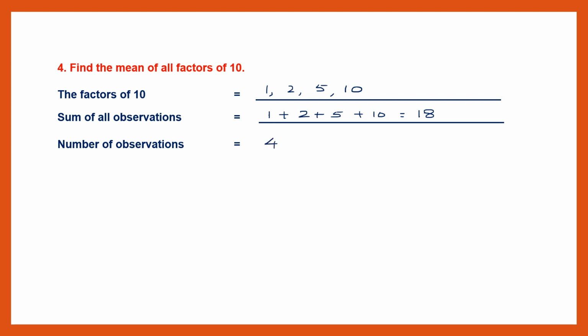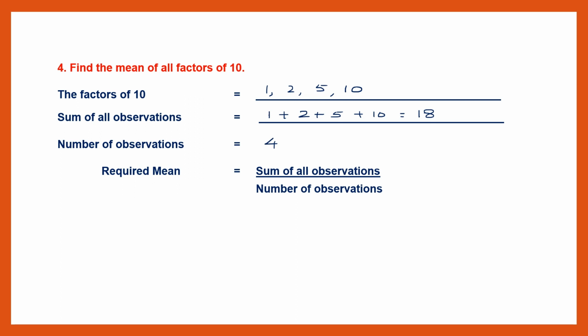So now that we have the sum of all observations and the number of observations, we can find the required mean by using this formula. So let's divide the sum of all observations, which is 18, by the number of observations, which is 4. So divide 18 by 4. 4 fours are 16, minus, you have 2. Continue with the division.